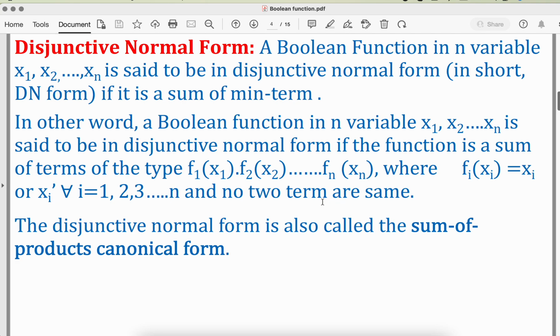And disjunctive normal form is also called sum of products canonical form. It is a sum of products, means a sum of this type of functions.